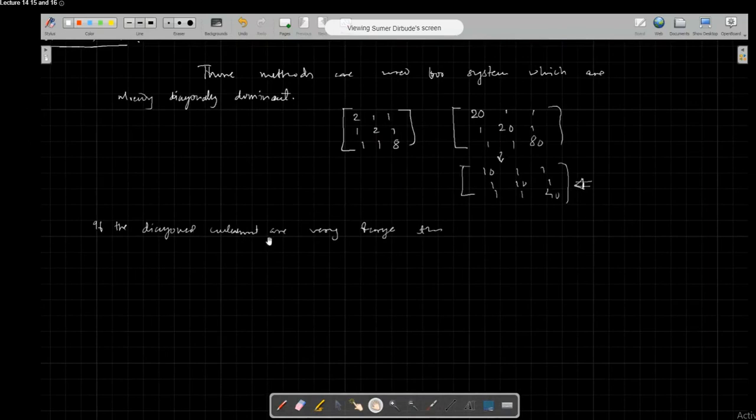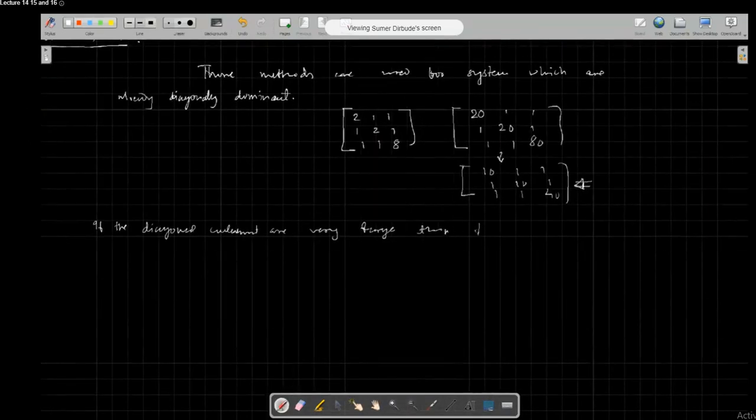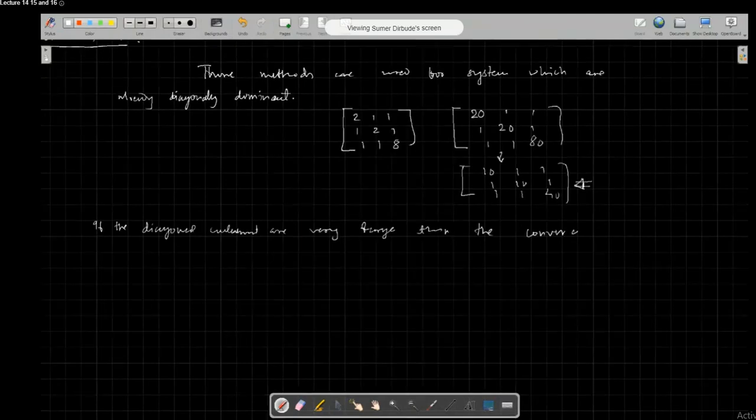So if the diagonal terms are very large, then the convergence rate is very slow.